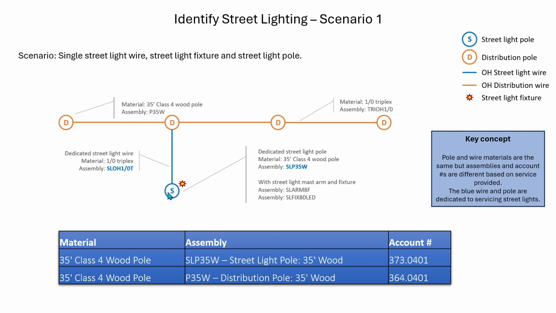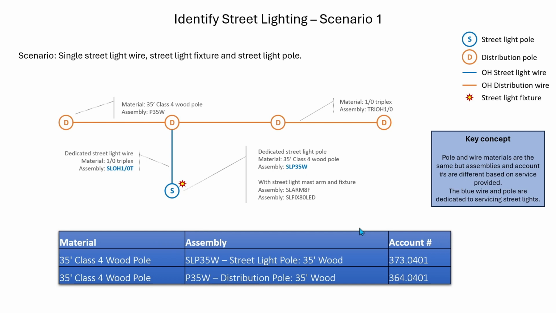This is also going to be a dedicated streetlight pole, even though it has the exact same inventory item, this 35-foot class 4 wood pole, that the distribution poles also were using. So you'll see them as exactly the same thing if you were to go out into your system and take a look, but because it's dedicated street light purposes, then it has to have that separate street light assembly.